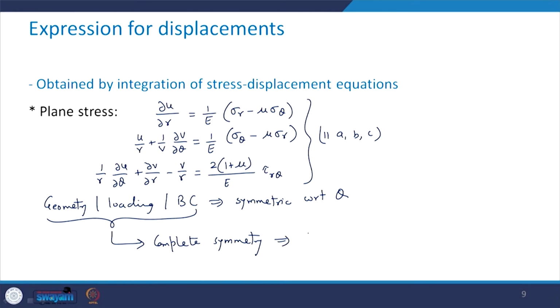And therefore, the tangential displacement, which is represented by v, is going to be equal to 0 because of this complete symmetry.